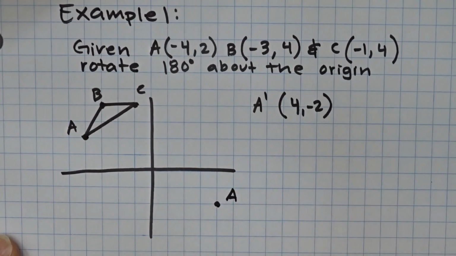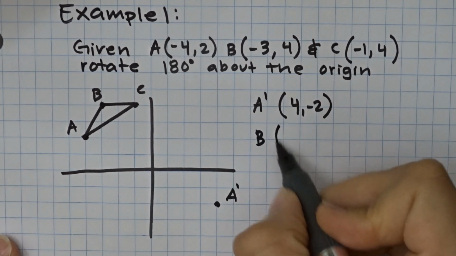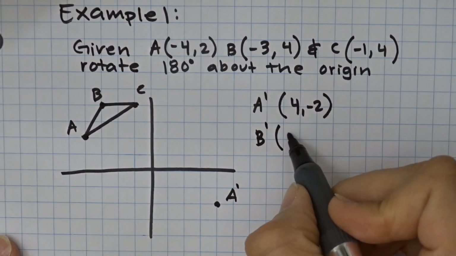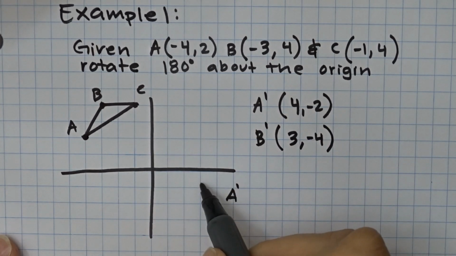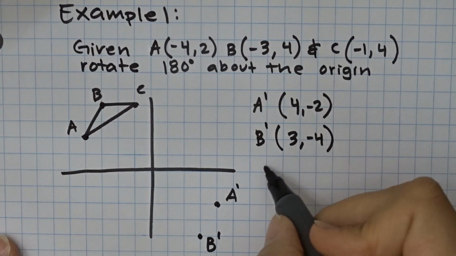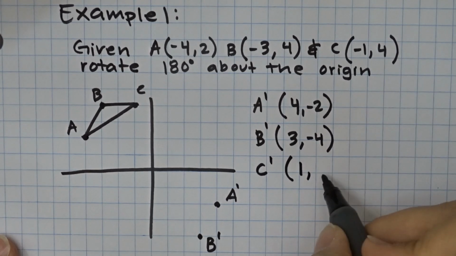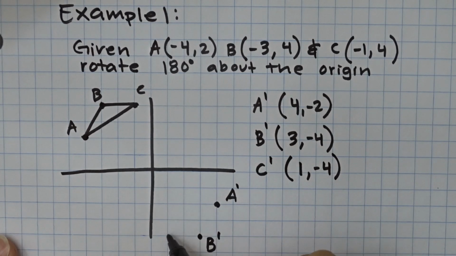This would be my new A. And then you take B. And the new B is going to be opposite of the entire point. 3, -4. And my new C is going to be opposite of those coordinates. So it would be -1, and since that's +4, it's now a -4. C.